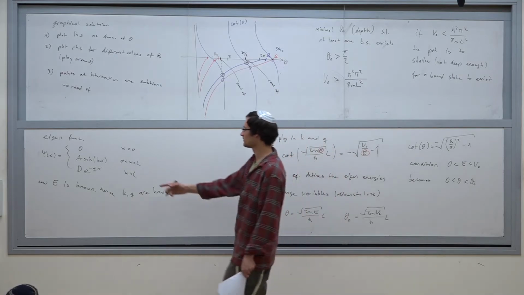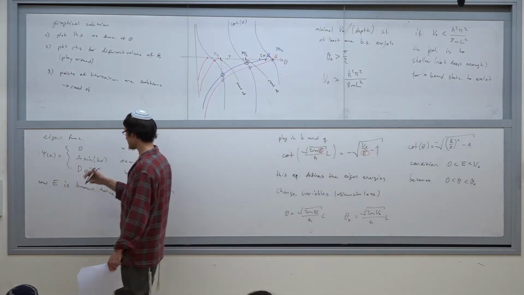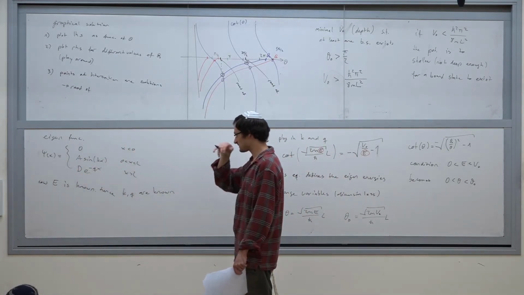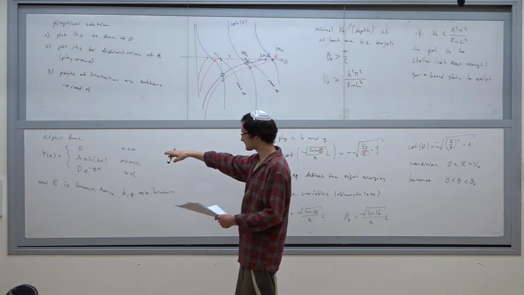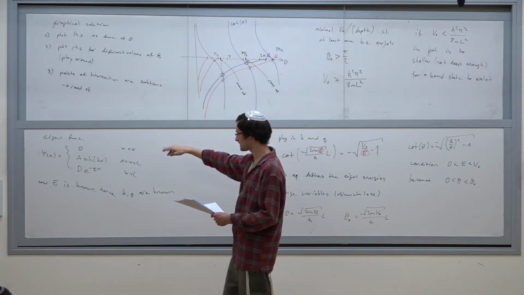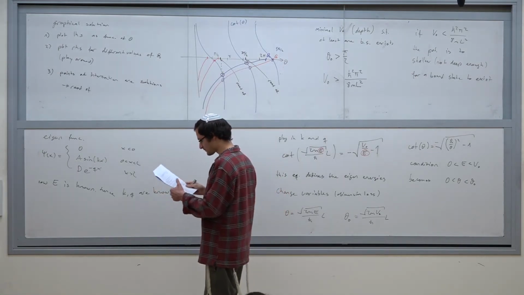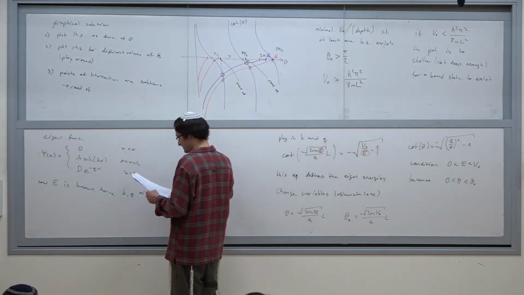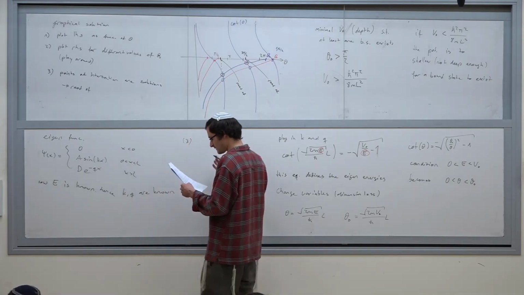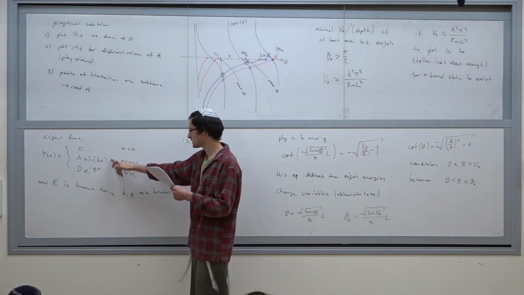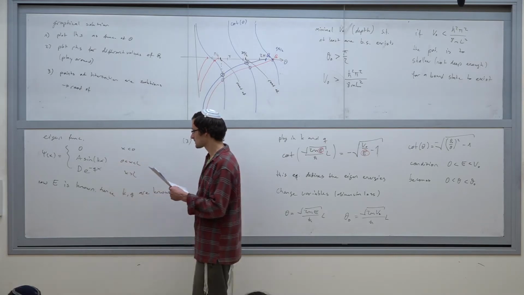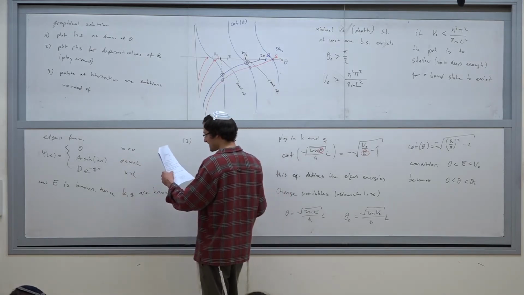So there are two unknowns. We'll first use, let's say, boundary condition 3. It doesn't matter, you can also use boundary condition 4. But I'm going to use boundary condition 3, which is the continuity of the wave function itself.